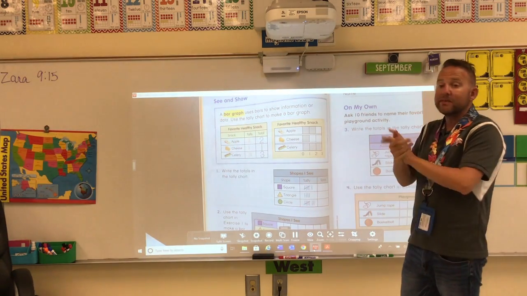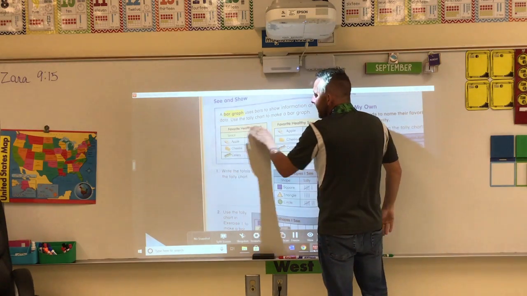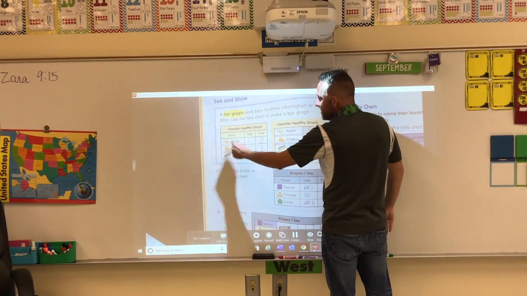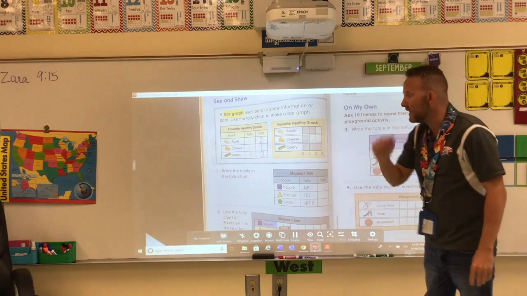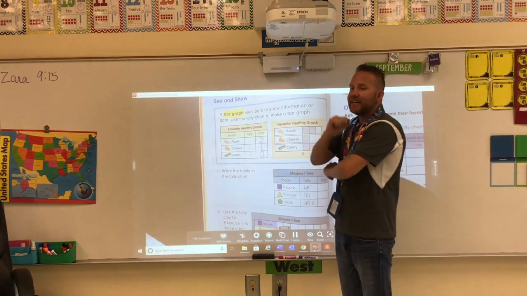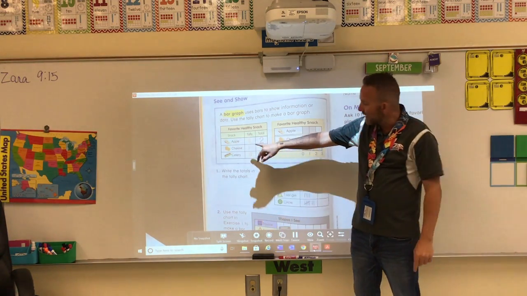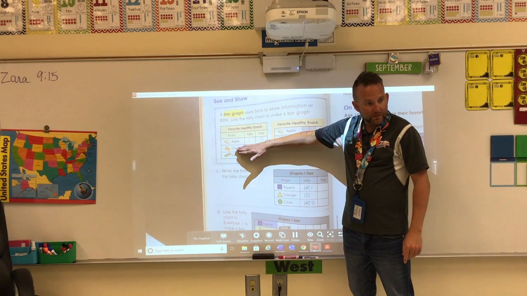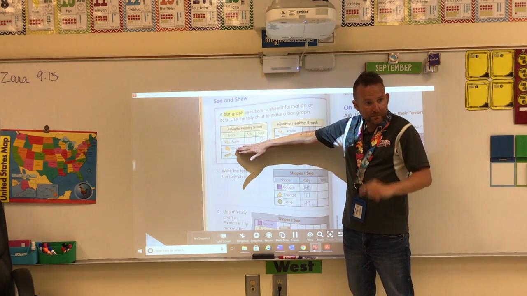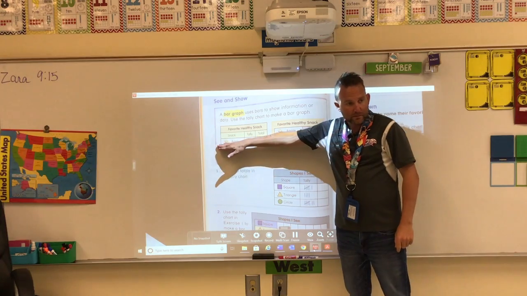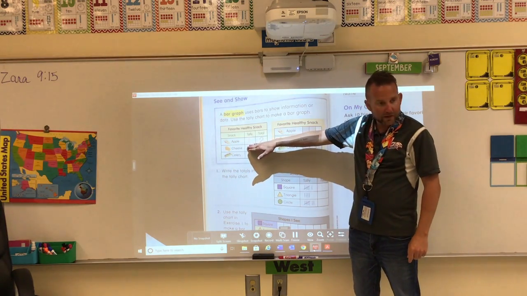Okay, this one has been done for us. Let's look. My favorite healthy snack. I had apple, cheese, and celery. Those were the 3 options. How many people liked apples? Go across. How many tally marks are there? 2.